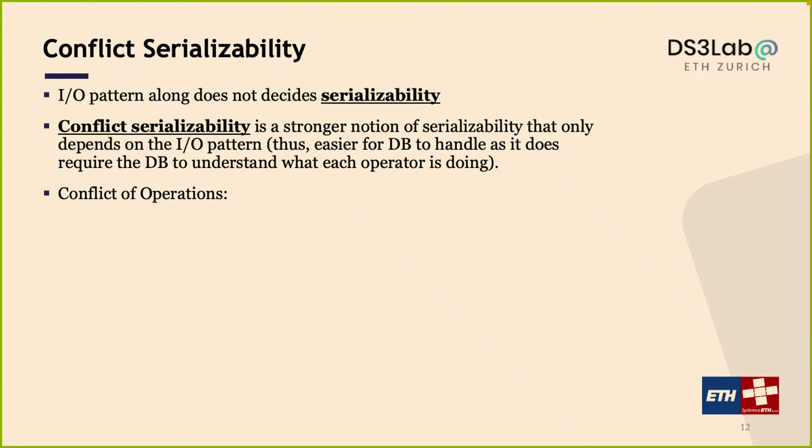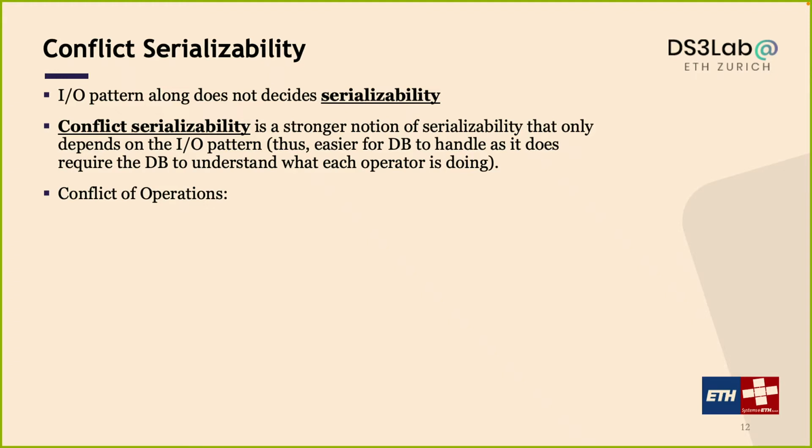That is what we want. The high-level idea is thinking about those conflicts of I/O patterns. For each pair of operations, we try to define certain modes of conflicts. And we say something is conflict serializable when for each pair of those operations, there's no conflict at all.